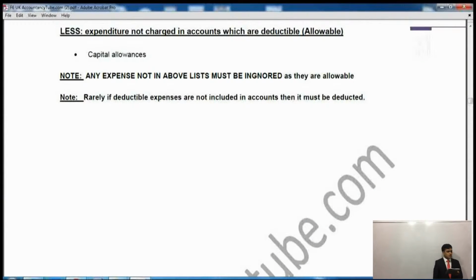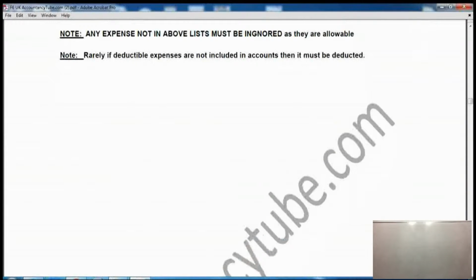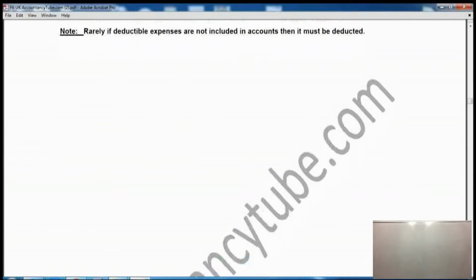Capital allowances is just depreciation on the assets. So in taxation we call it capital allowance instead of depreciation. All right. And in the note it says any expense not in the above list must be ignored, and rarely, if deductible expenses are not included in the accounts, then they must be deducted. All right?